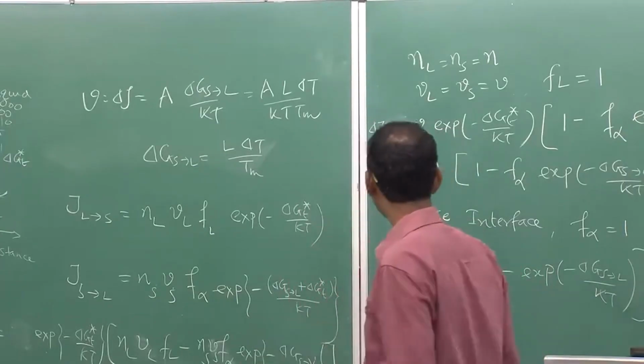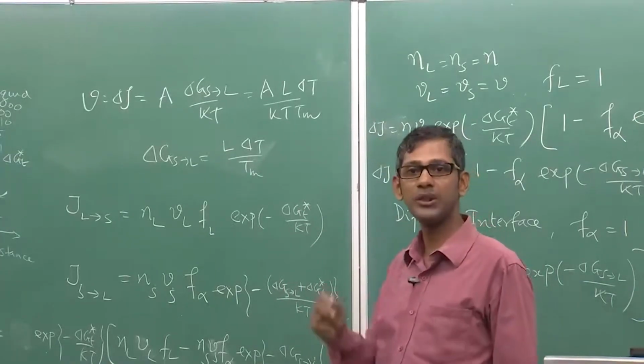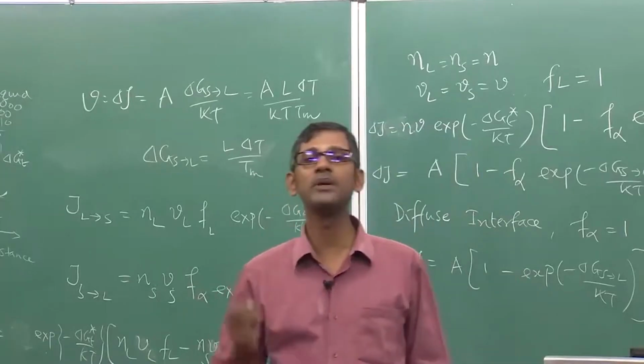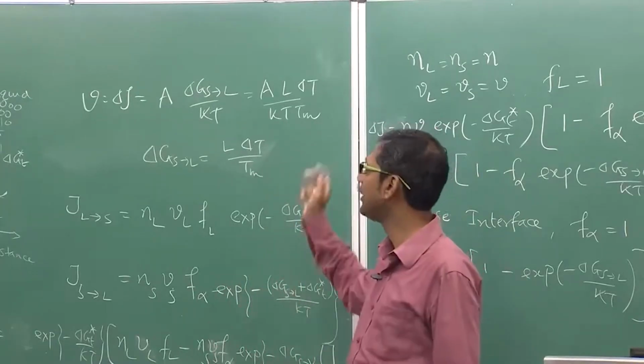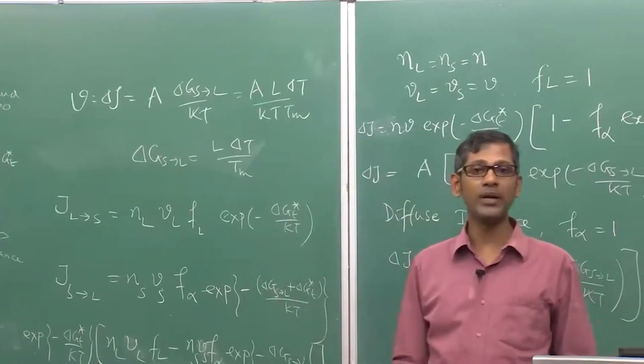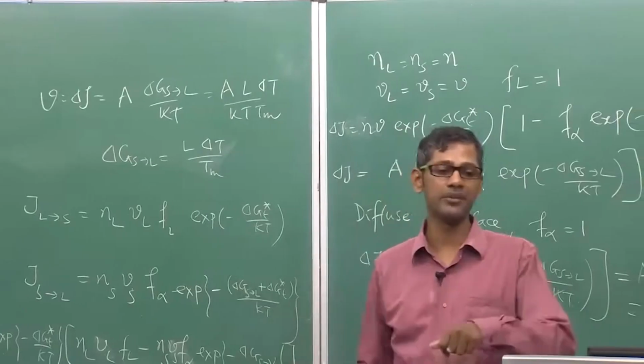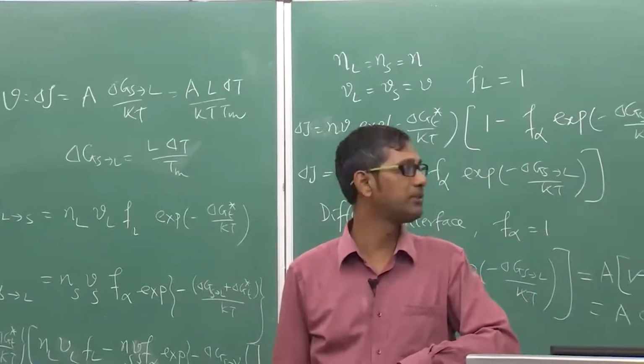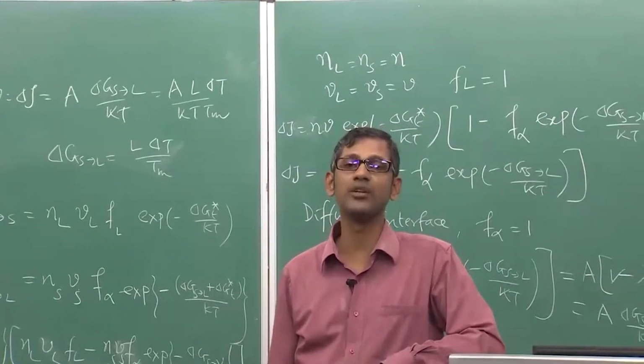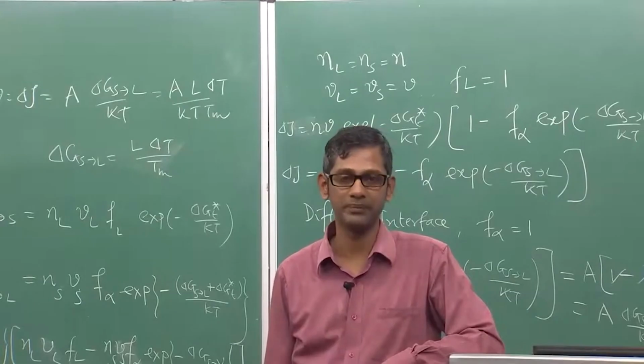So as you can see here, after making so many assumptions, the theory actually boils down to very simplified equations. But the moment we think of this kind of diffuse interfaces, such a continuous growth mechanism is possible.